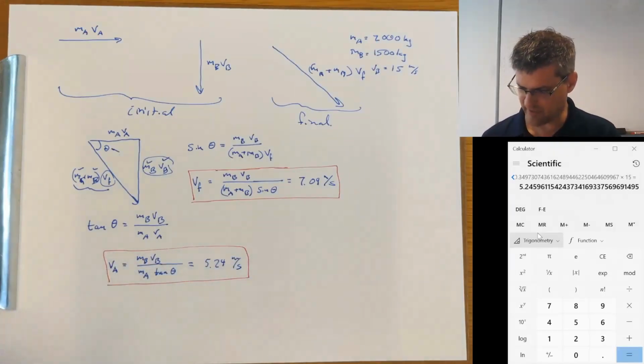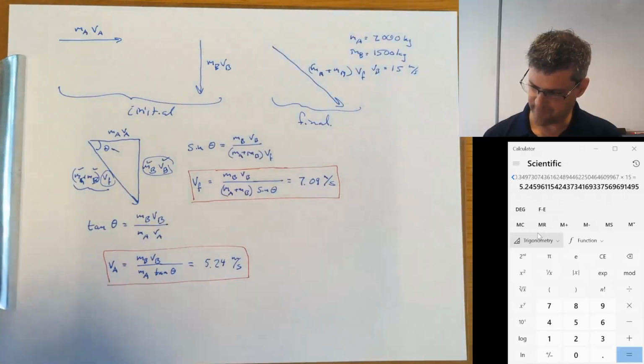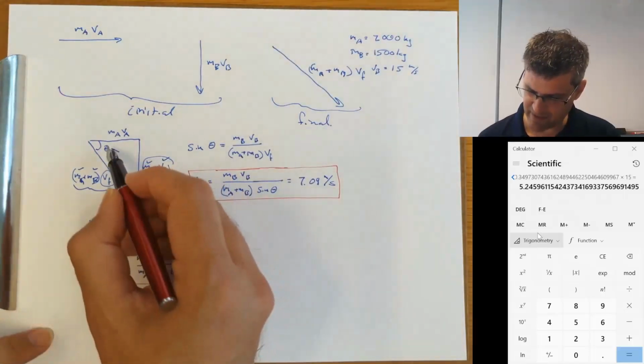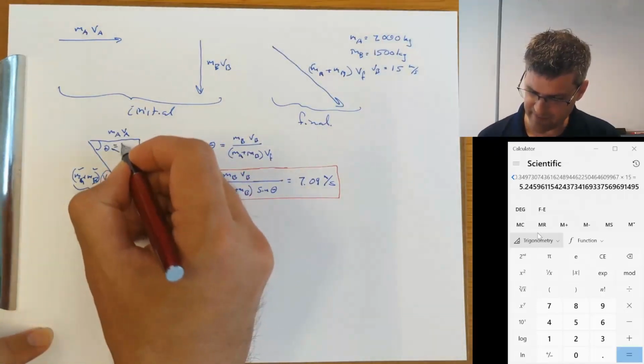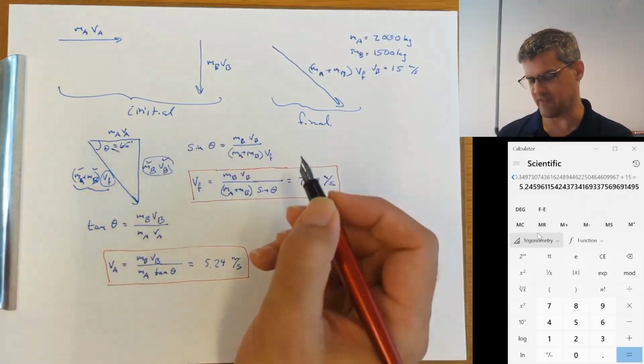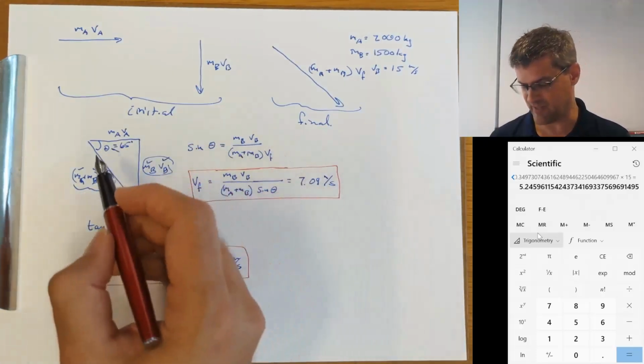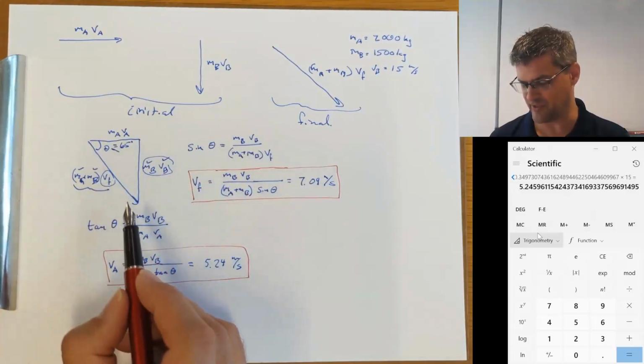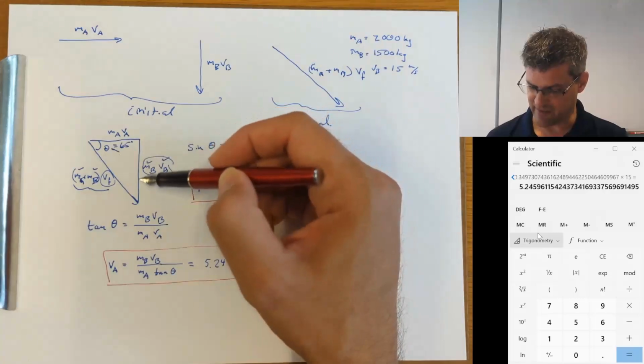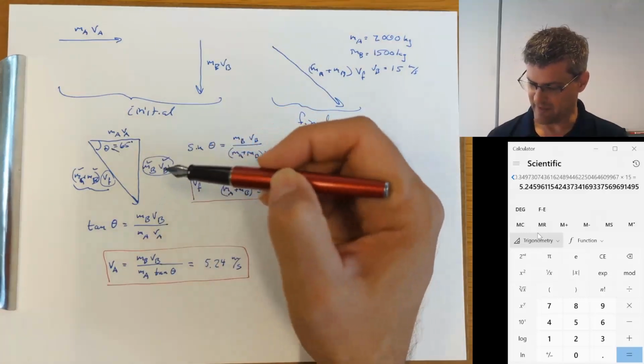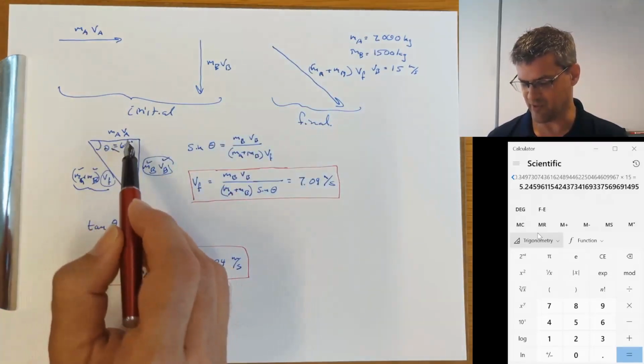So casually looking at this, I see that this angle right here is very steep. 65 degrees is pretty steep. This is probably pictorially just about right. This side is pretty long. This side is pretty short.